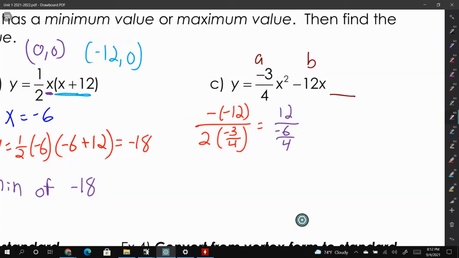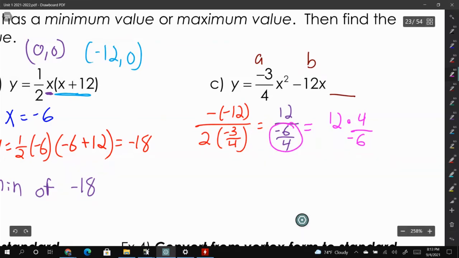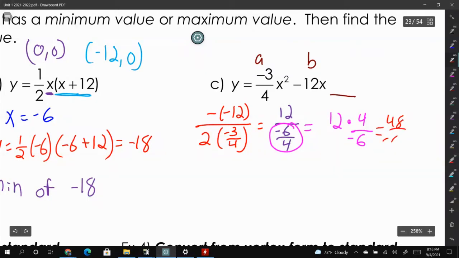Now, you could multiply by the reciprocal, or you can type this in the calculator. I'm going to multiply by the reciprocal because it's going to help us later on. So this is really going to be 12 times 4 over -6. Okay, I've multiplied by this fraction flipped. 12 times 4 is 48 over -6, and that is going to give us -8.